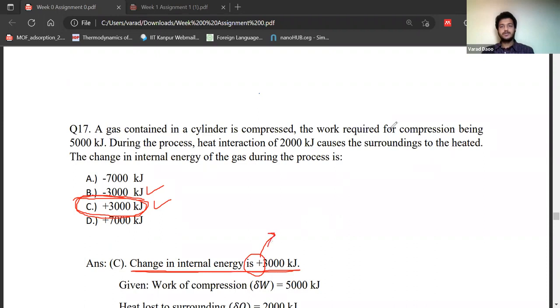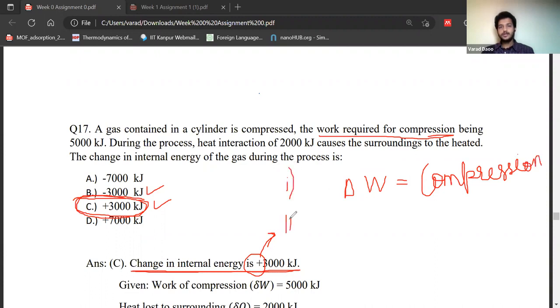Also remember that work is required for compression. So W is of compression. This is one thing which has to be noted. And the other thing is delta Q is for surrounding to be heated. That means heat lost by the system, right?